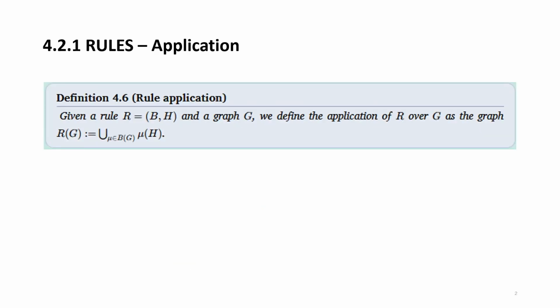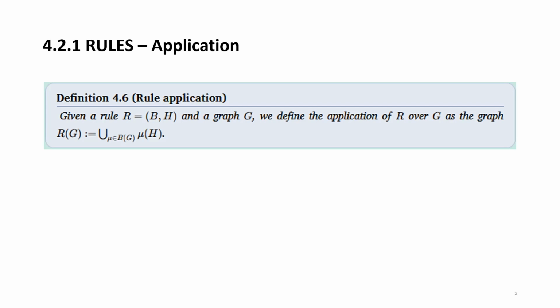The definition of a rule applies for both directed edge-labeled graphs and property graphs. You just need to consider the corresponding type of graph pattern. So if you're using directed edge-labeled graphs, you have to use their own corresponding graph pattern. Now we want to make a rule application.